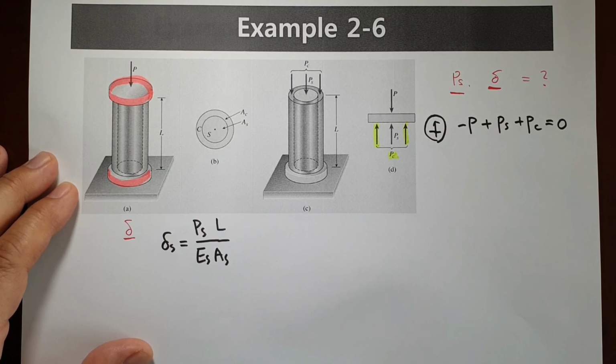And another one, in the case of delta C, copper's case, PC L over EC AC. Okay. And we have geometrical compatibility.